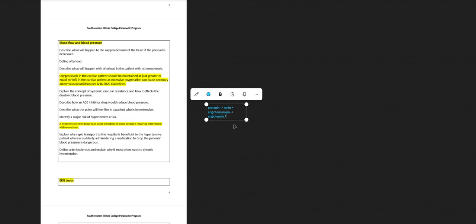So angiotensin 1 is kind of like the dormant version of this whole system. It doesn't really do much by itself. It just exists to turn into angiotensin 2, which is what ACE does.